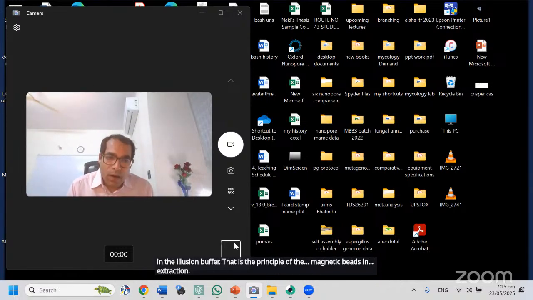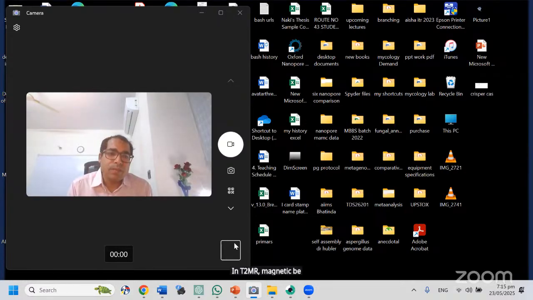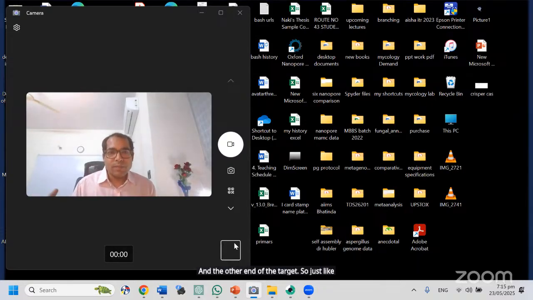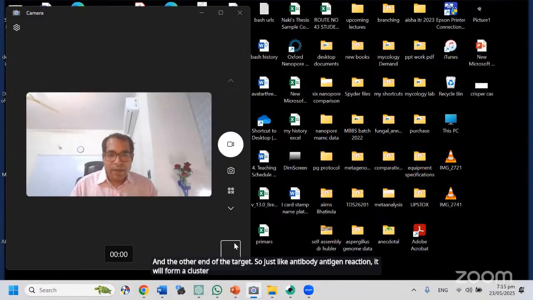In T2MR, the magnetic beads are coated with probes. For one target, they are coated with two probes. The two probes will bind to one end of the target and the other end of the target. So, just like an antigen reaction, it will form a cluster. All the magnetic beads will combine together and form a cluster.